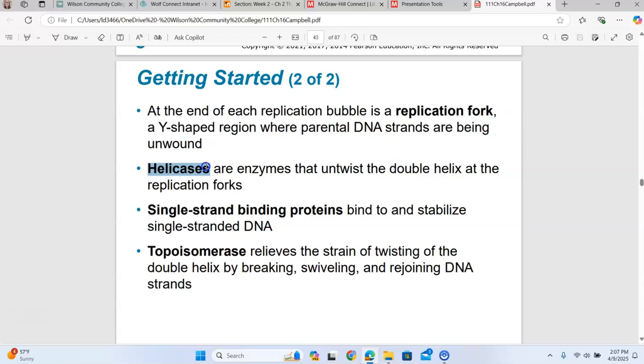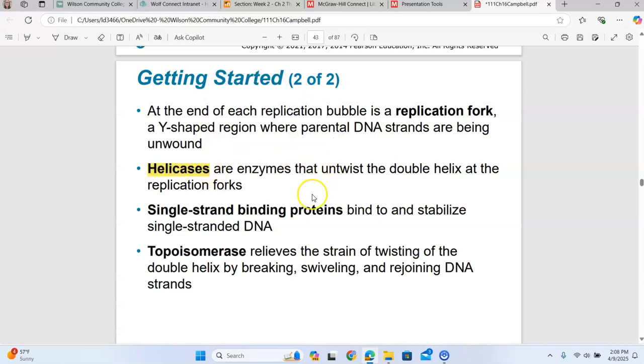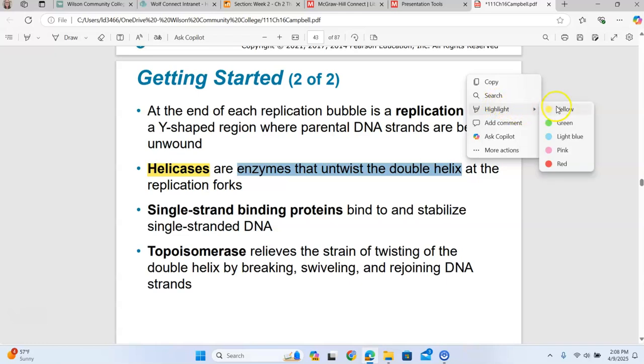Helicase, because remember the DNA is a double helix, so an enzyme is going to be named for what it does. So helicase is named because DNA is a double helix, and helicases are enzymes that untwist the double helix. They unwind and they separate the two strands of DNA.